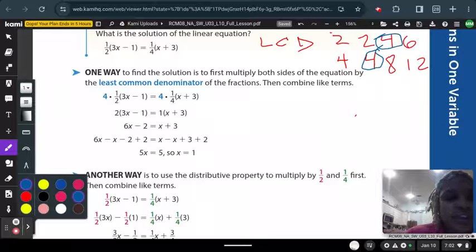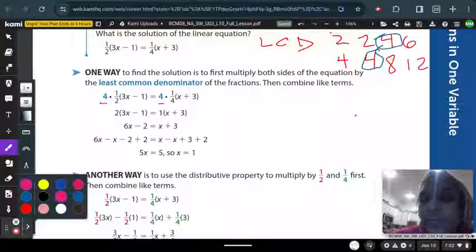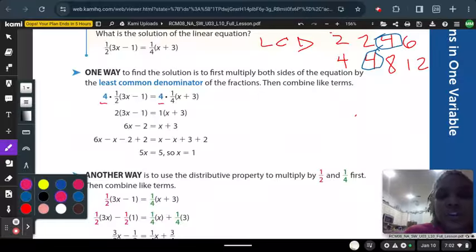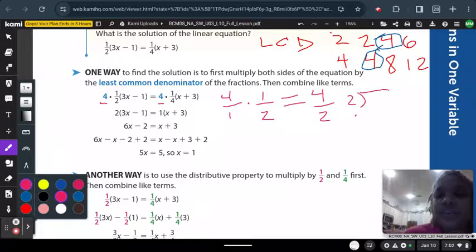If you can see here, they have already used 4 as the least common denominator. So they're multiplying both of the fractions by 4 to get rid of the fractions. That's the whole goal. If we place this 4 over 1 and multiply it times 1/2, you multiply across. 4 times 1 is 4, 1 times 2 is 2, and 2 divides into 4 exactly 2 times with no remainder.